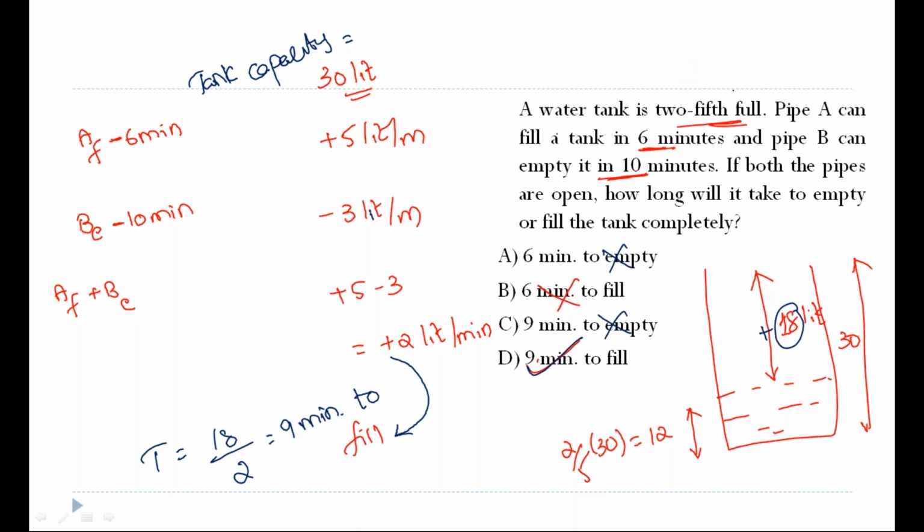So what is 2 by 5 of 30 liters? It is 12 liters, Indumati. So 12 liters is available. Total tank capacity 30, only 12 liters available. If you want to fill, there is still an 18 liter gap. If you want to remove, it is this 12.